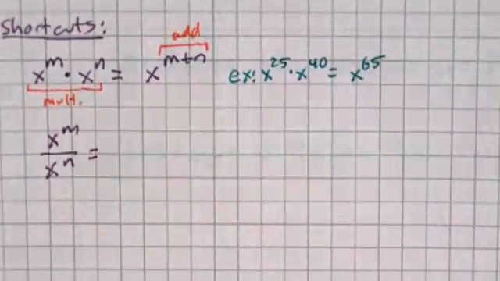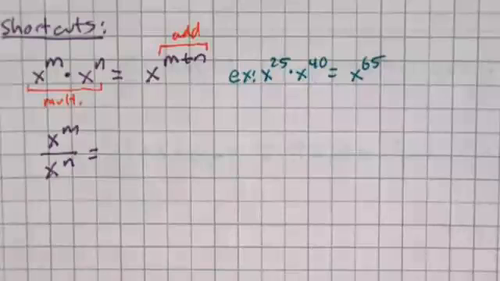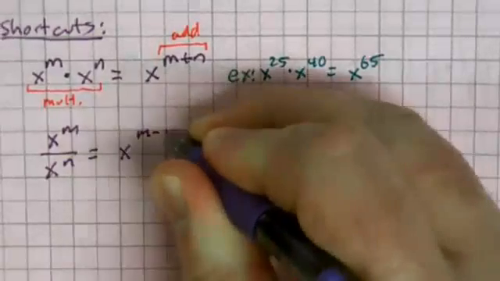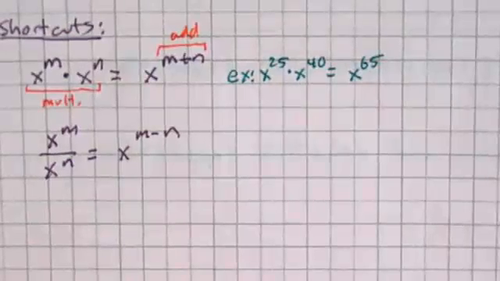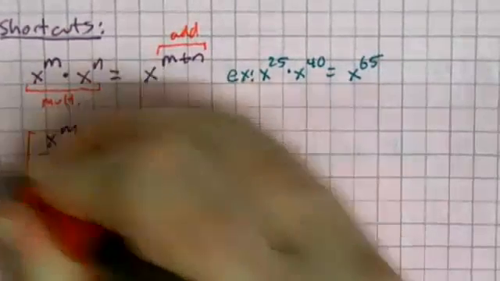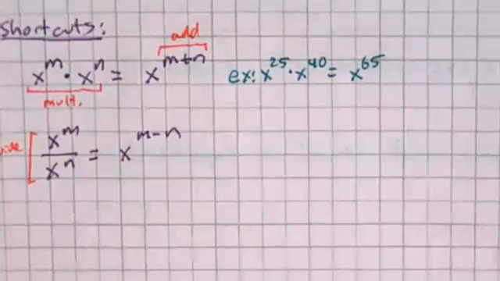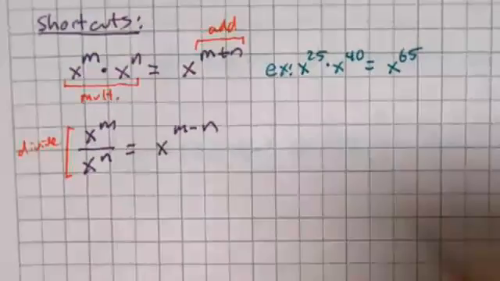But what did you find you were able to do to make this go faster for you? We subtracted the two. So this would be x to the m minus n. So what we're doing here is dividing two things with exponents. And when we divide two things with exponents, then we end up subtracting the exponents. That's the shortcut.